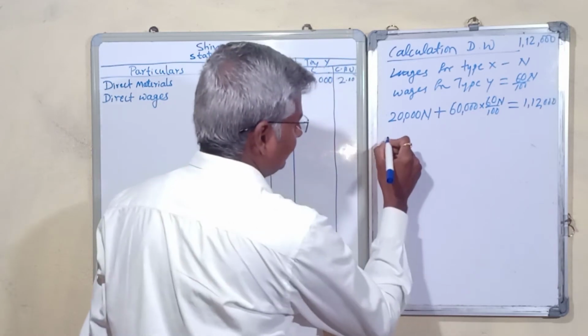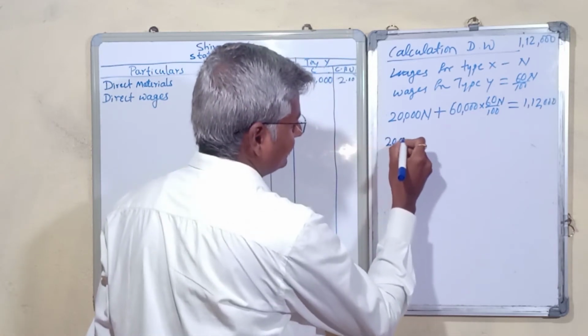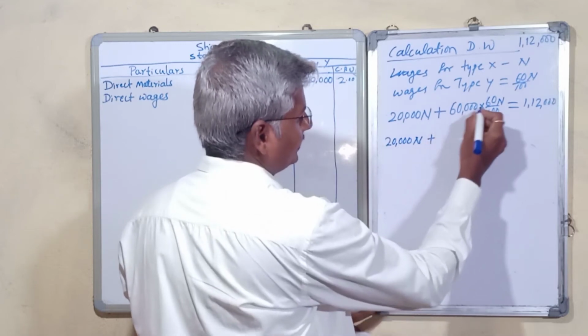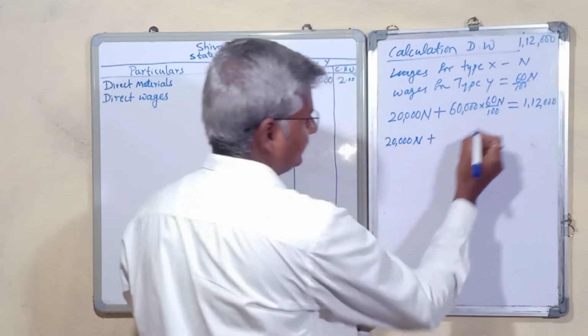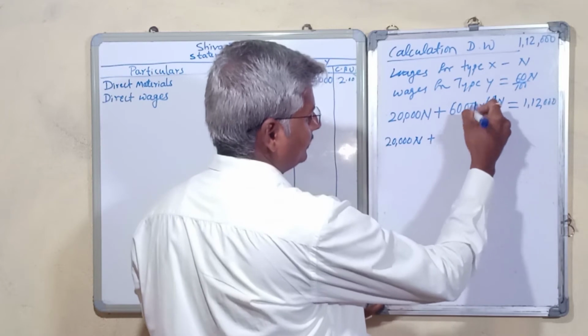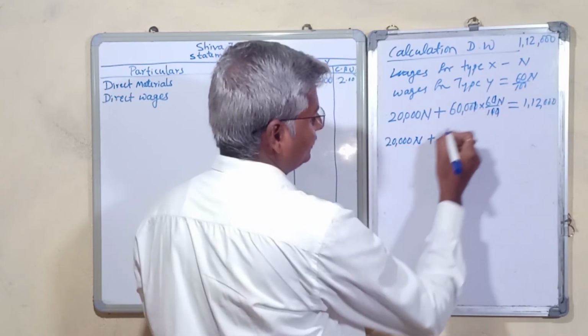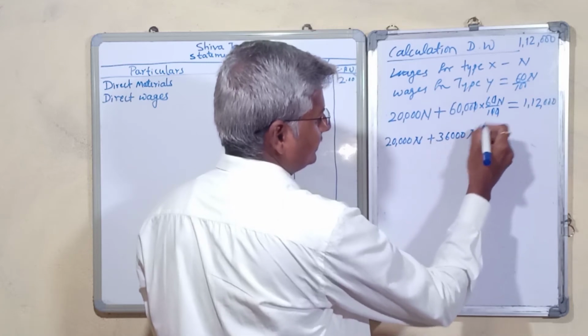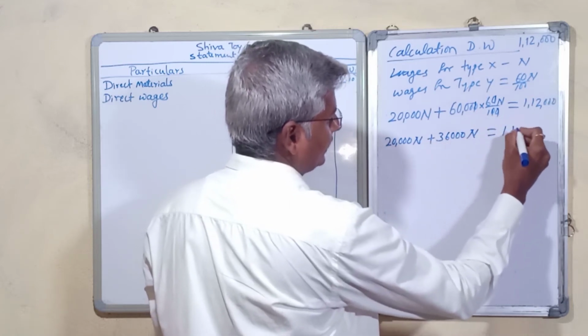Then again I will write it here, 20,000 N plus 60,000 into 60 divided by 100. So 6,000 into 6 is 36,000 N. The N is remaining, so I will write N equals 1,12,000.